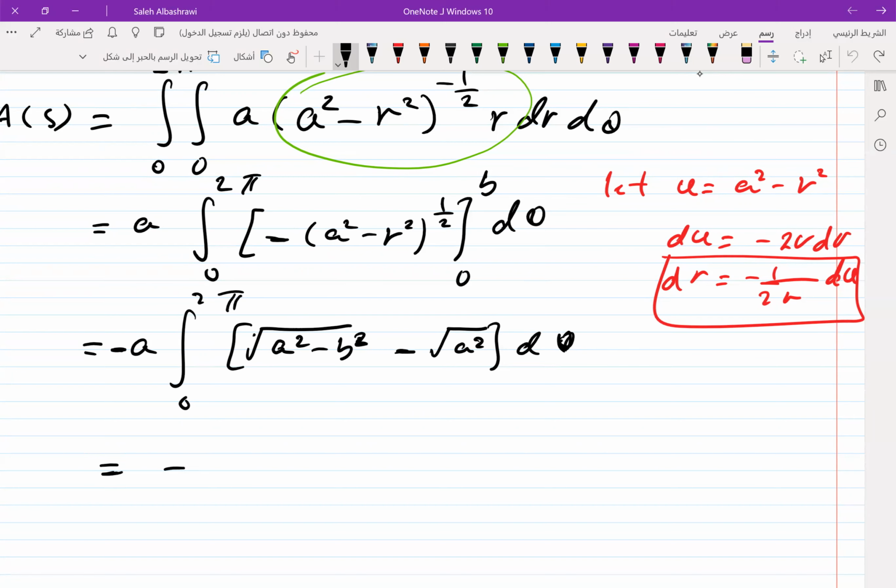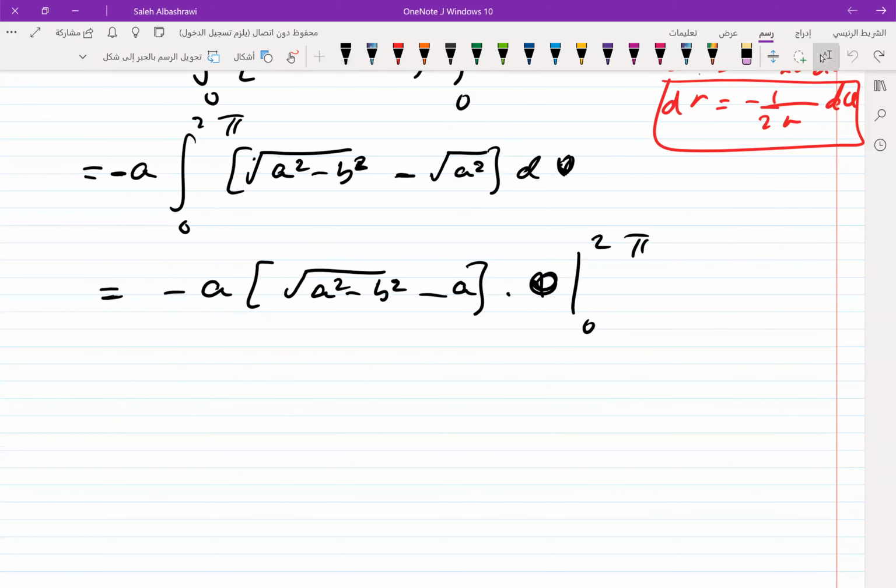And this will give me minus a multiplied by the square root of a squared minus b squared minus a, multiplied by theta between 0 and 2 pi.